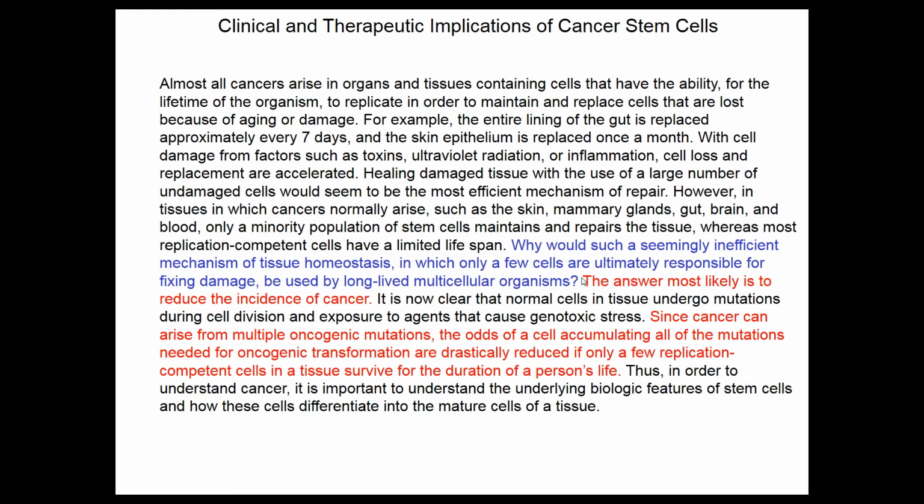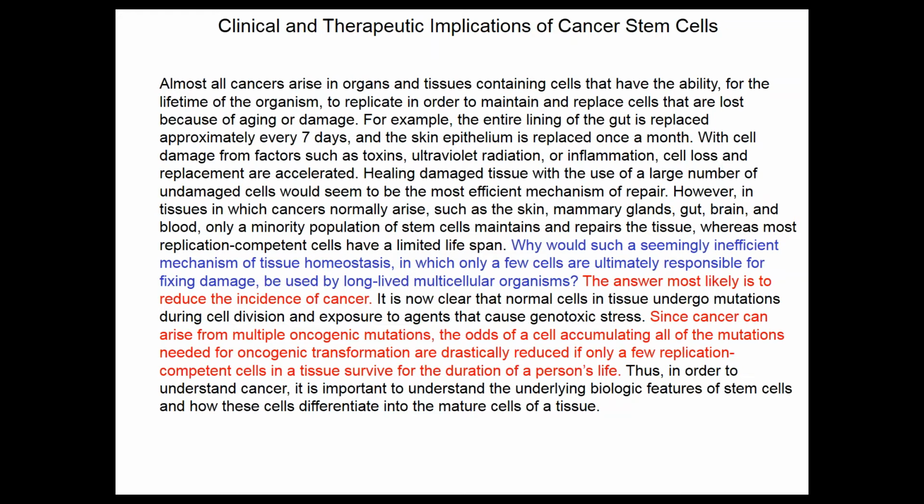And the answer is probably to reduce the incidence of cancer, because the differentiated cells have a high risk, basically, of perhaps going into malignancy because of what goes on in them, and because their presence in such a huge number compared to stem cells. So the thinking about how cancer comes about is now directed at stem cells, cancer stem cells.